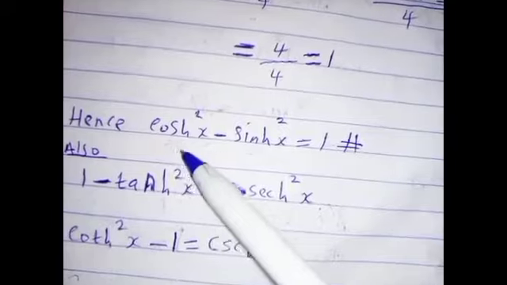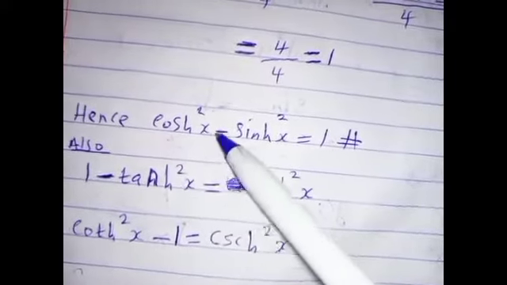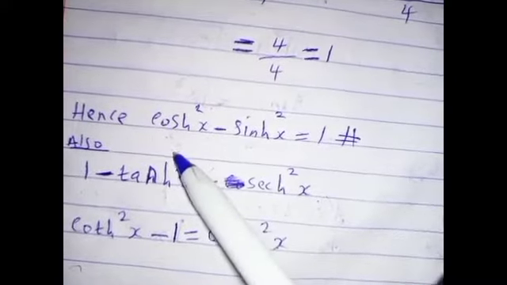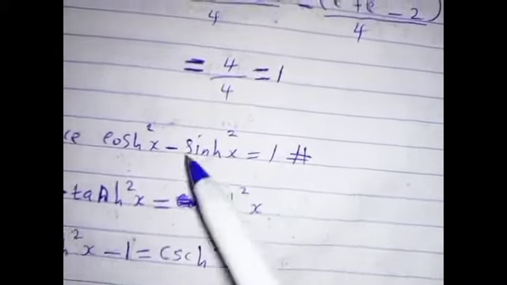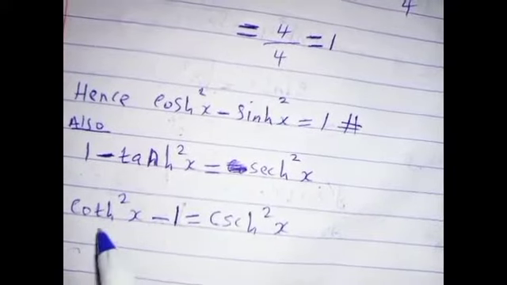And here we divide by sinh squared of x: cosh squared of x divided by sinh squared x is equal to coth squared of x.